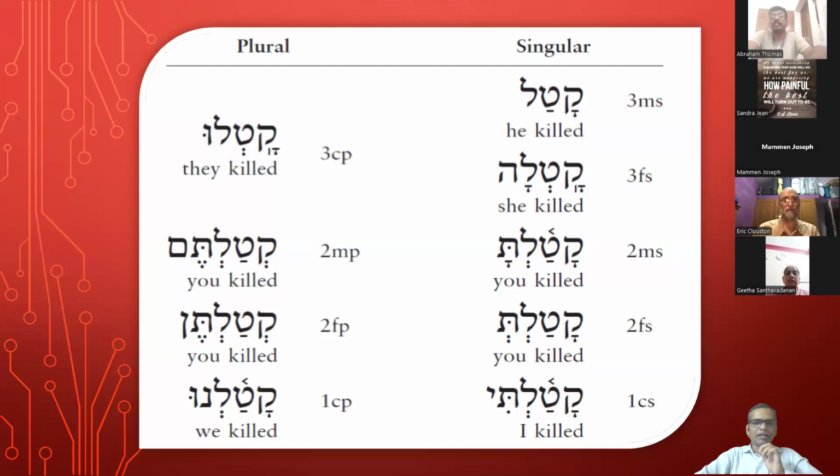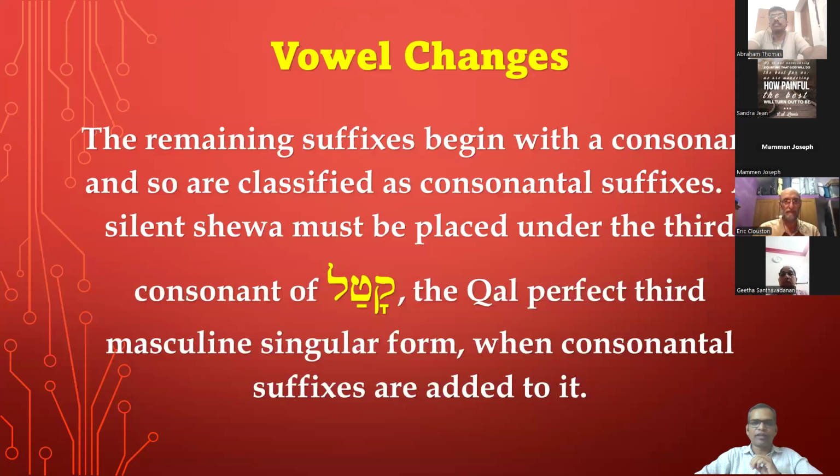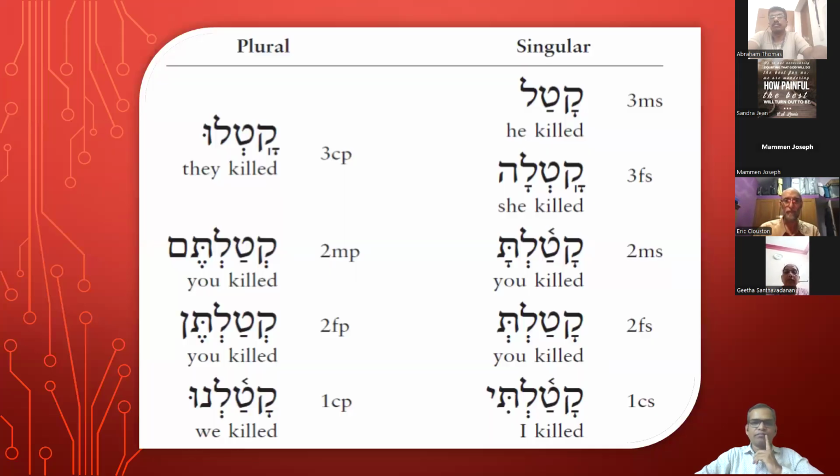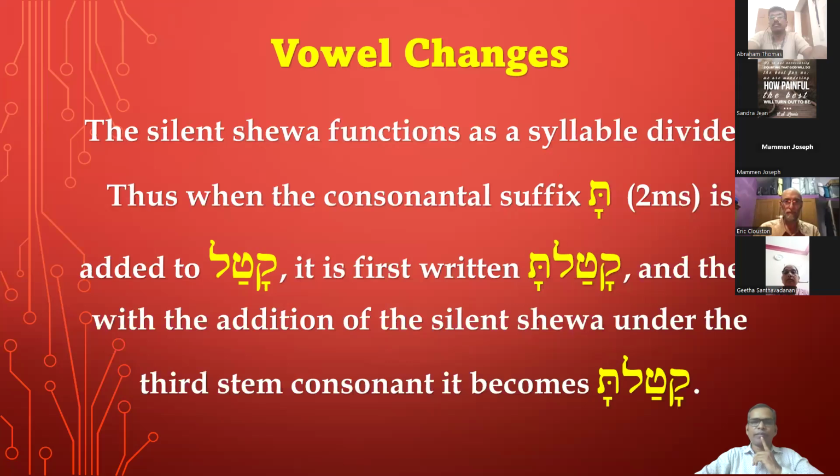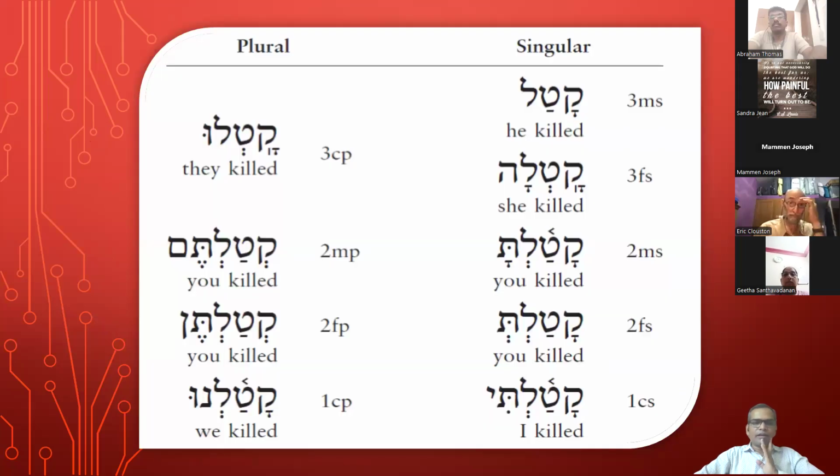All right. Now, let us move on to the endings which are beginning with consonants. Now, if you see here, second masculine singular, second feminine singular, and first common plural.